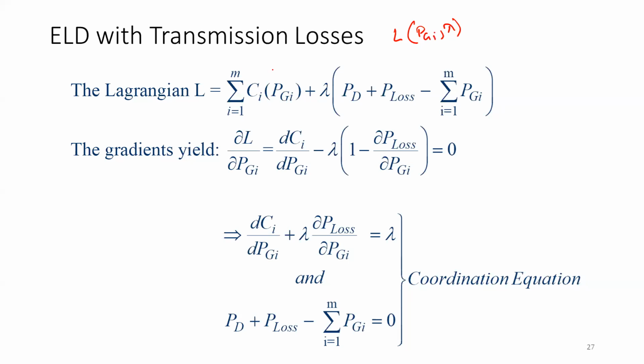I have my f of x over here as beforehand, and I have my equality constraint multiplied by lambda. If you can recall, this is your penalty term. So what was my first approach to find the gradient? That is the partial derivative with respect to PGI.